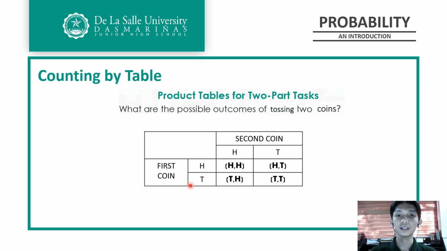All we have to do is to get the product of the outcomes from each part. So we know that the first coin has only 2 possible outcomes as well as the second coin. So we'll get heads and heads, heads and tails, tails and heads, and tails and tails. Then we'll just have to count all the possible outcomes. In this case, we have 4.